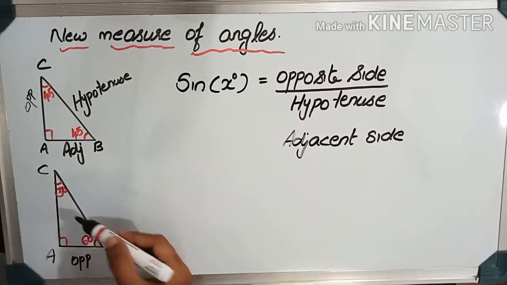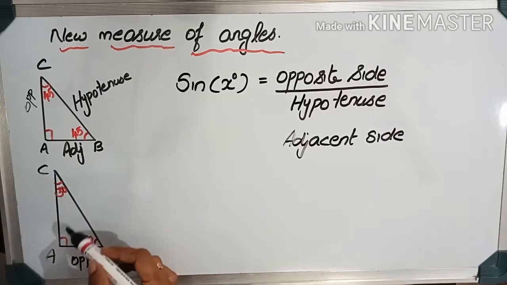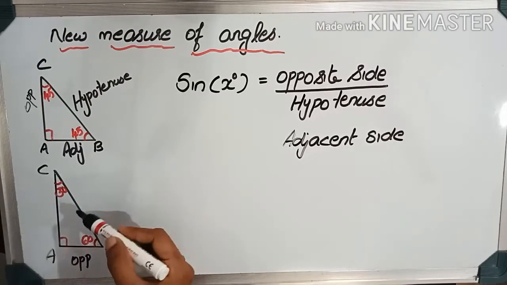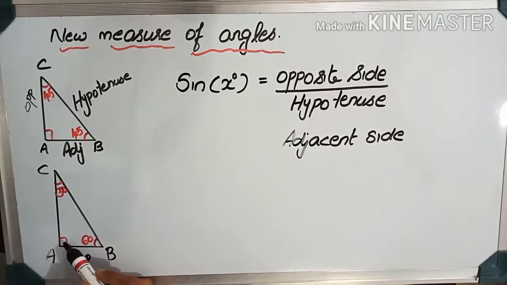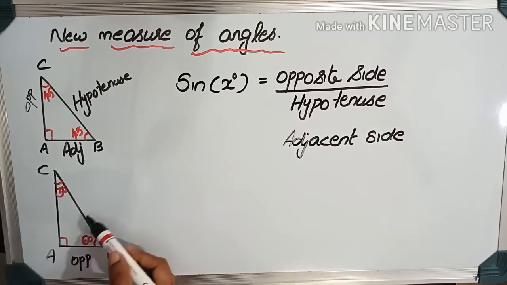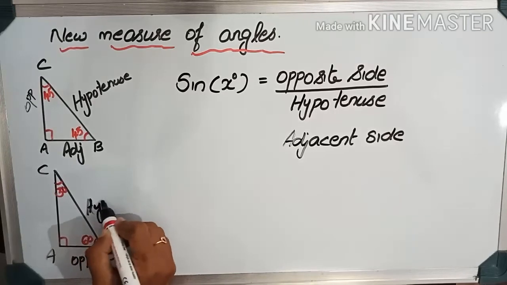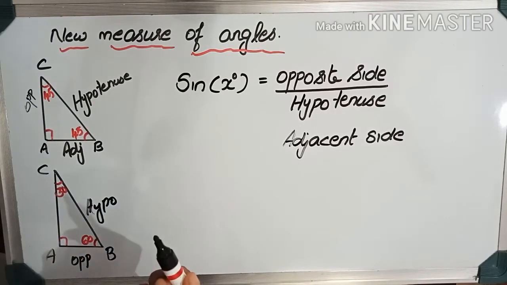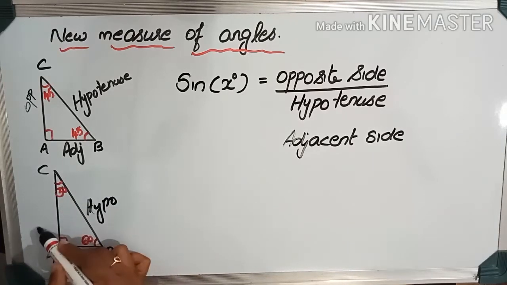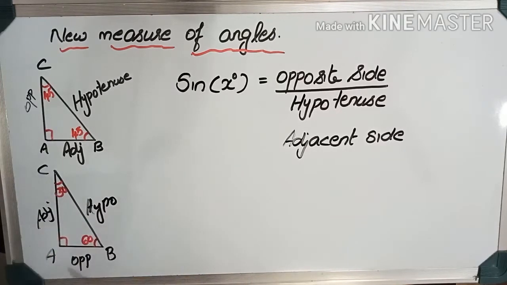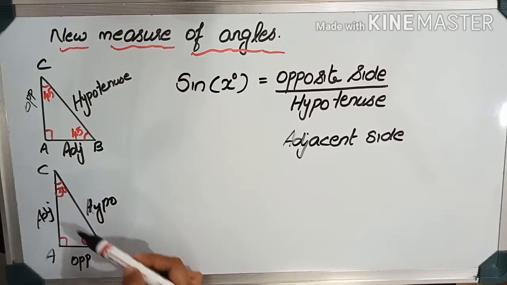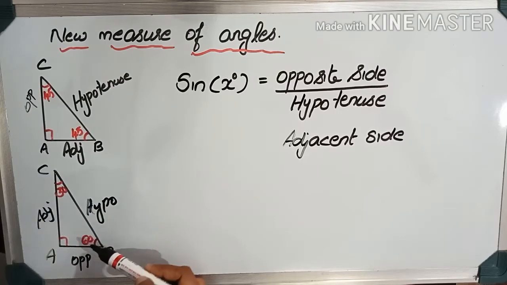Next, adjacent side. Adjacent side will be what? Other than hypotenuse. So first of all you have to write the hypotenuse. Hypotenuse is always the side opposite the 90 degree. So this is the hypotenuse. Then the adjacent side will be, opposite side is this one, hypotenuse this one, then this will be the adjacent side of 30 degree, not 60 degree.